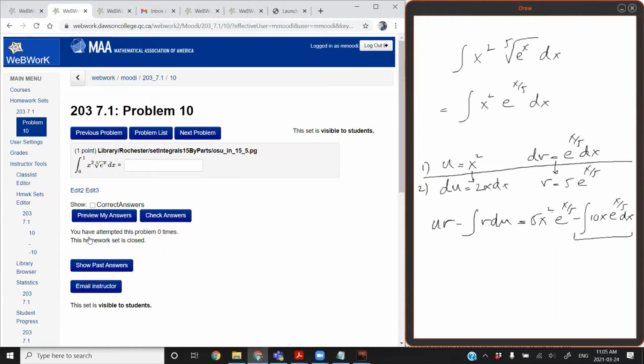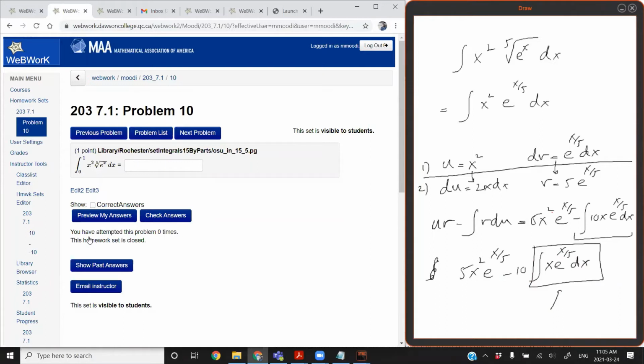Because the 10 is a constant, it can go out. So I can write this as 5x squared e to the power of x over 5 minus 10 times the integral of x e to the power of x over 5 dx. I calculate this, and then I will plug it back in here.